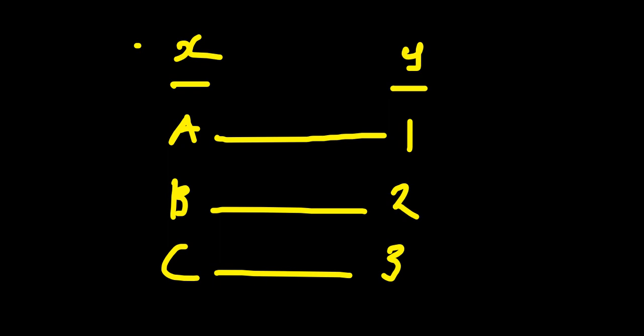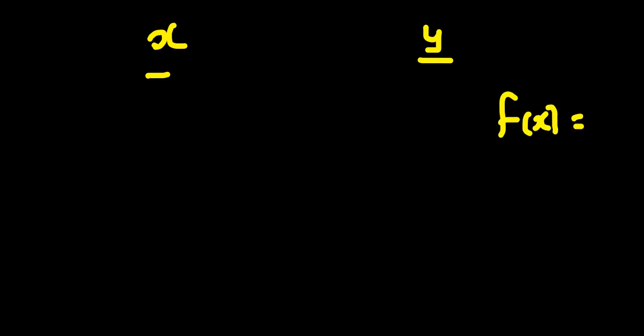This is one-to-one. Then another scenario, let's say you have your x and you have your y. Our quadratic expression where we say f of x is equal to x squared.